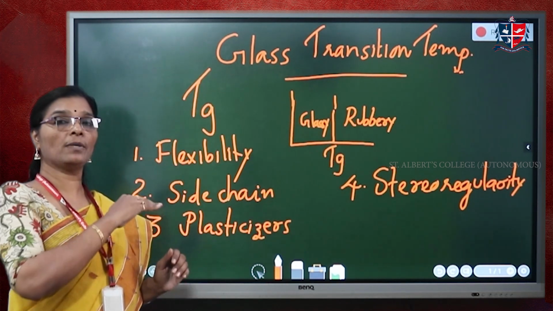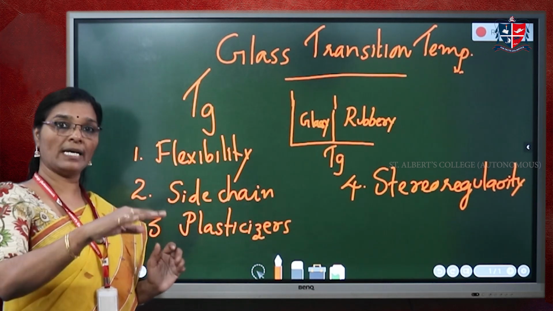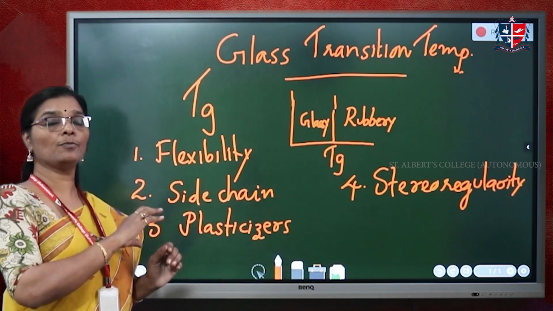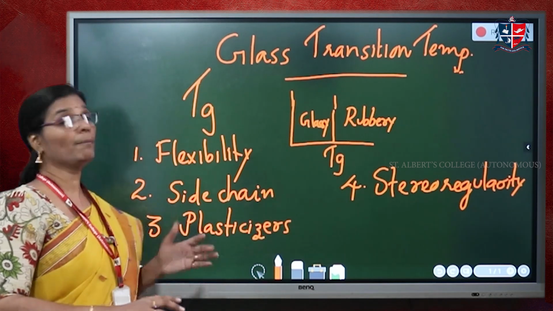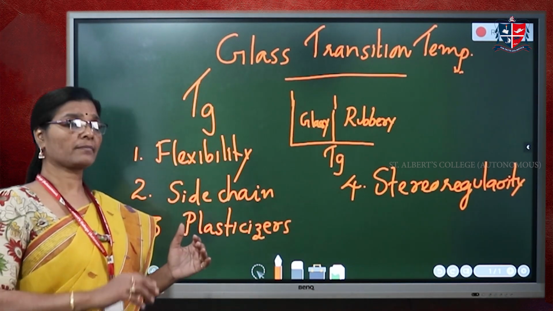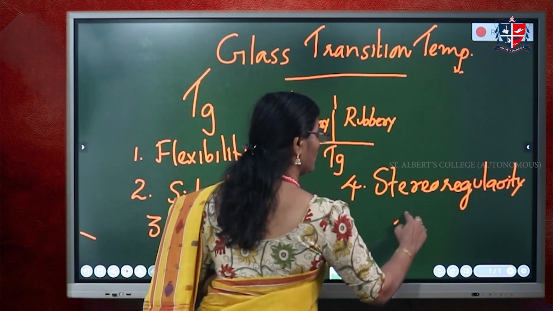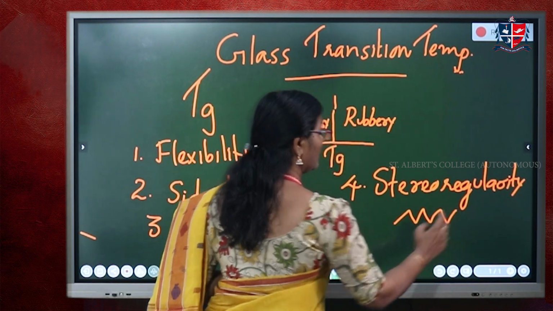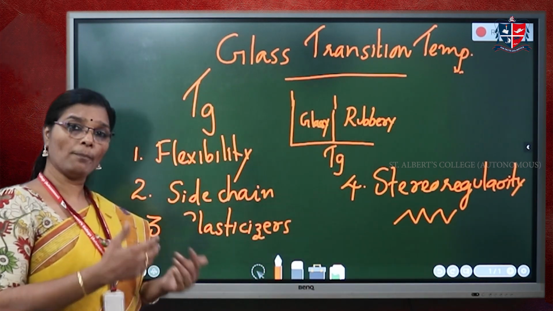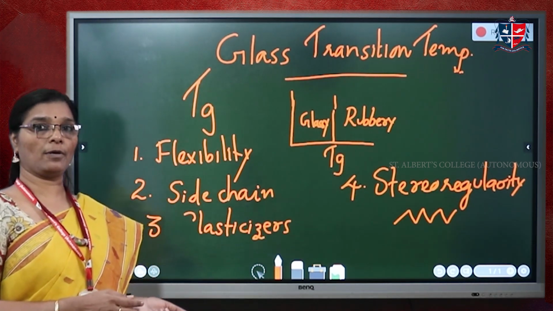If all the substituent groups are arranged in the same plane, either the lower plane of the polymer backbone or the upper plane, then it is called isotactic. If the substituent groups are arranged in a zigzag manner, then it is called syndiotactic polymers. If there is no proper arrangement, then we call those polymers atactic polymers.